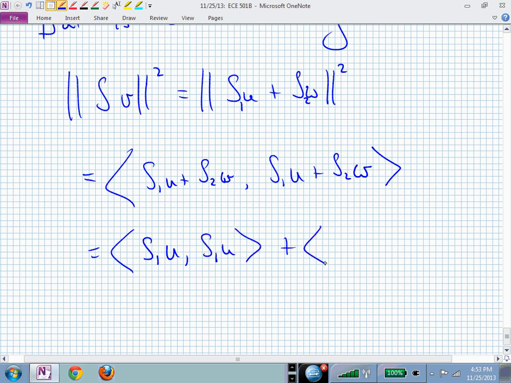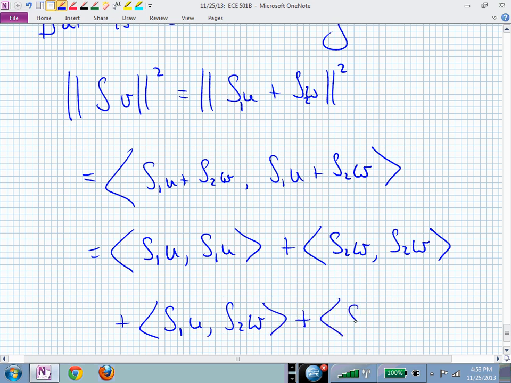I could take the last one, S2W with itself, and now I could look at all those cross pieces. I have S1U with S2W, and I have S2W with S1U.